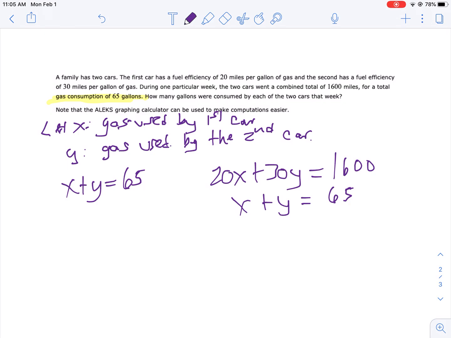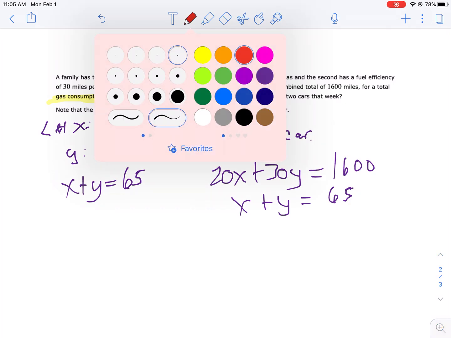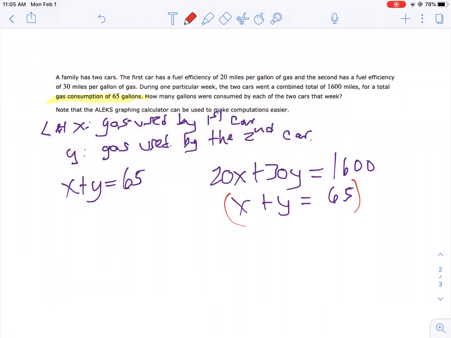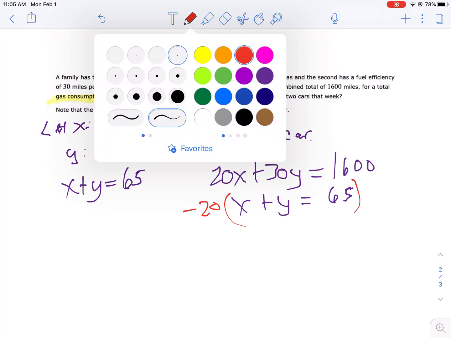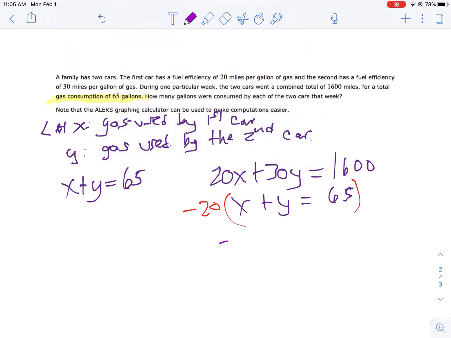Let's get rid of the x's. So what I'm going to do is multiply the second equation by negative 20. Because the first equation is going to stay the same. In fact, I think I'll rewrite the first equation first. So I'll say 20x plus 30y equals 1,600.